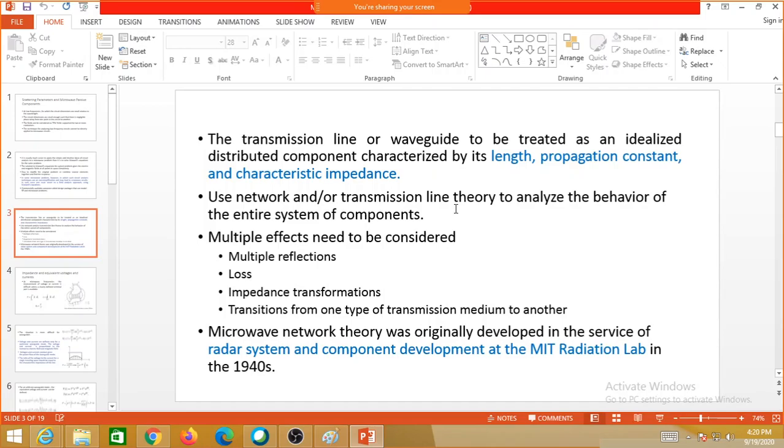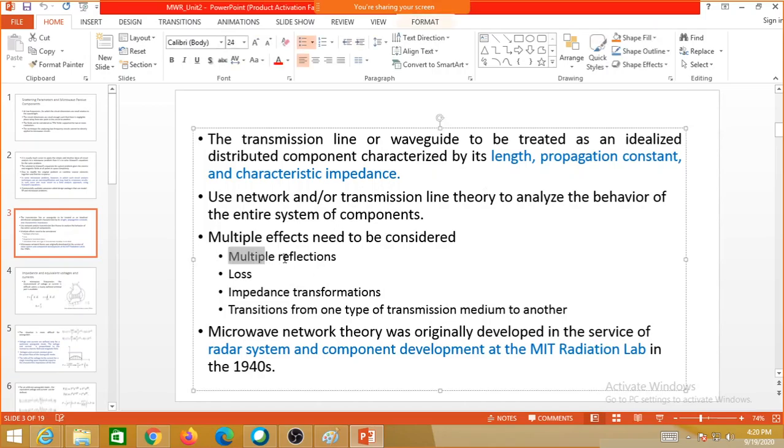You will get different parameters like the reflection coefficient, the characteristic impedance of the line, as well as the power flowing through the transmission line. Based on the method of analysis, you need to take either the circuit concept or the transmission line theory concept for a particular component to be analyzed.